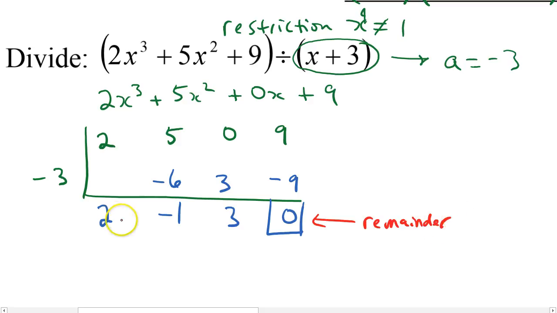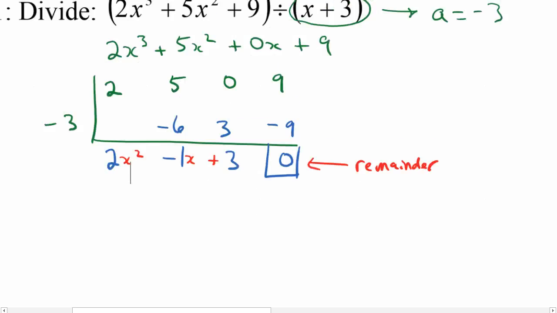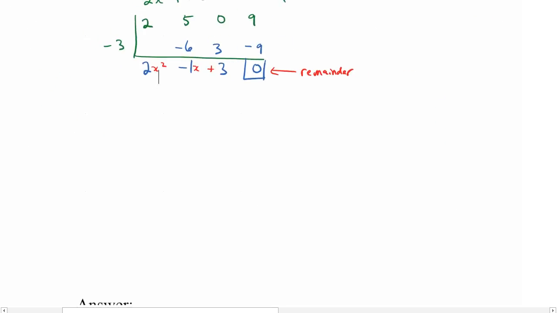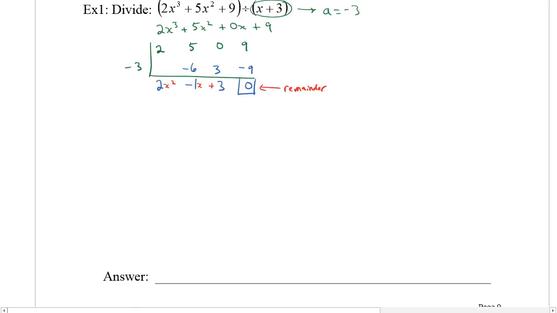And this will be my constant term. This will be my x, and this will be my x squared. So my answer at the end, I have to state my answer. Boy, they give me so much space here. So my answer will be, well, let's put it in both ways.